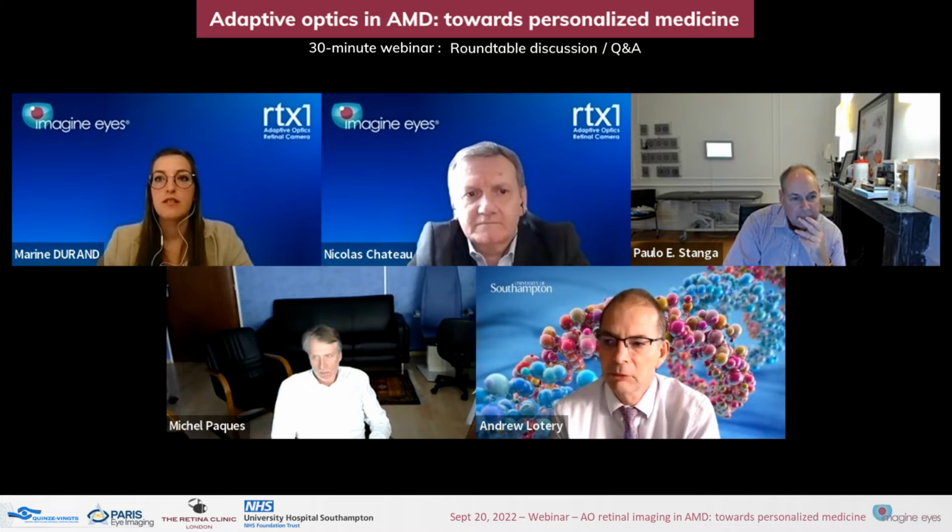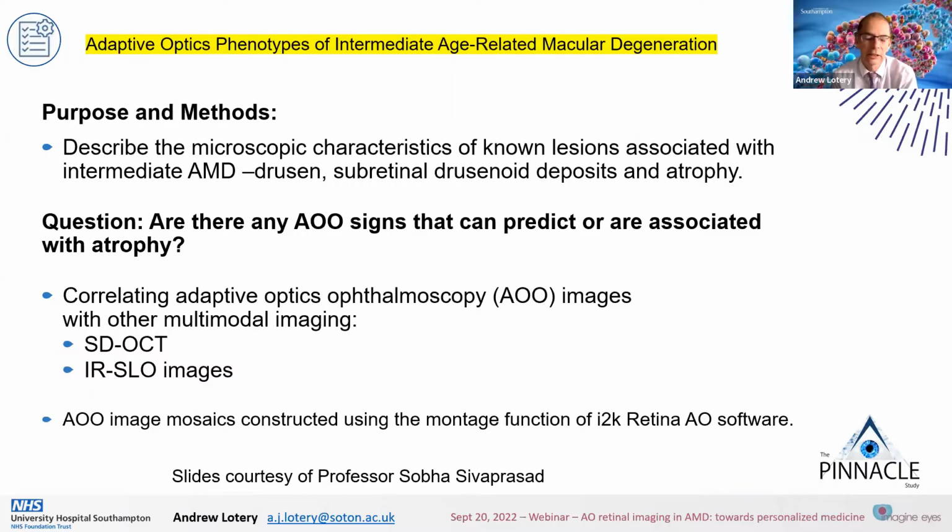And so adaptive optics gives us a tool to look at the cone photoreceptors, to look at the RPE, and just gives us a high resolution tool to investigate these patients and to see what novel phenotypes we can pick up.